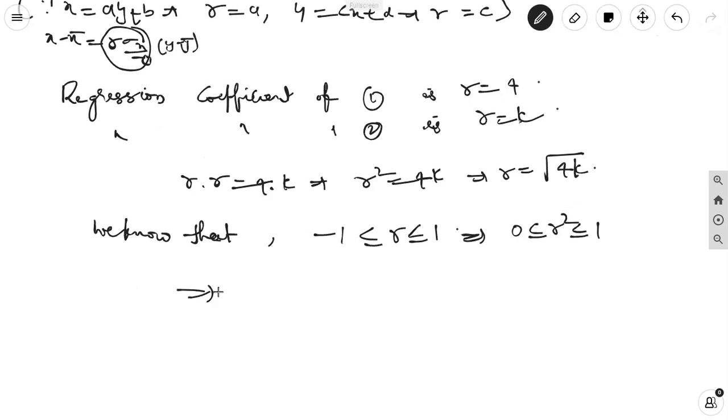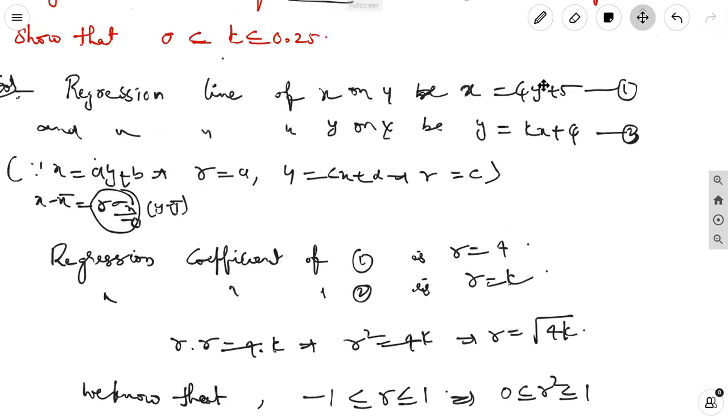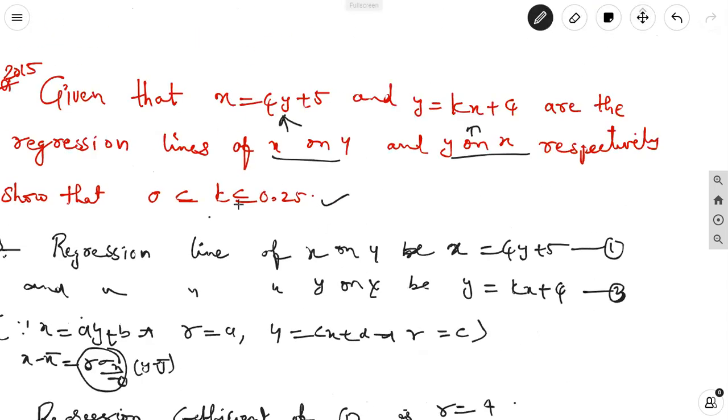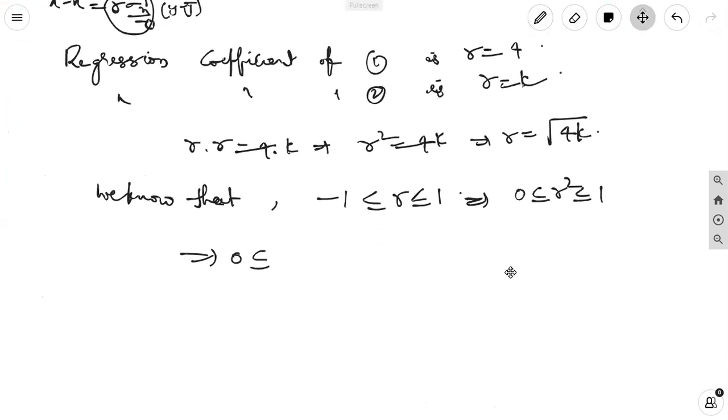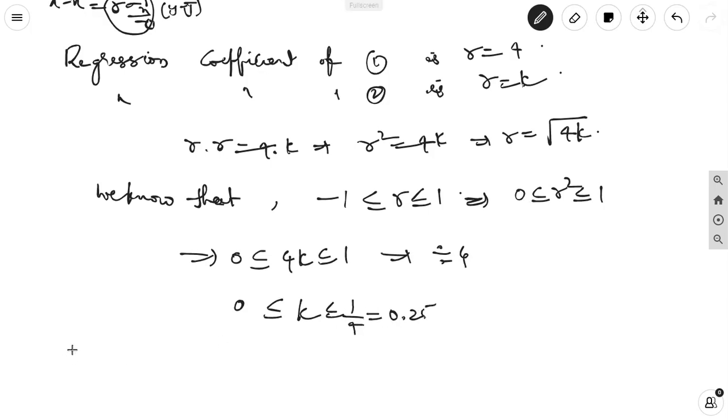We are asked to show that 0 ≤ k ≤ 0.25. So in place of r², we can write 4k ≤ 1. Dividing the whole inequality by 4, we get 0 ≤ k ≤ 1/4, which is 0.25.